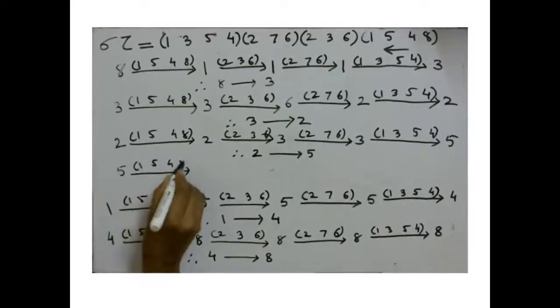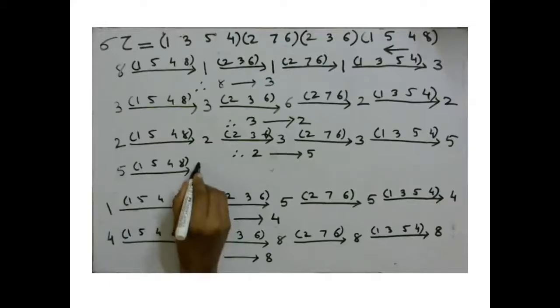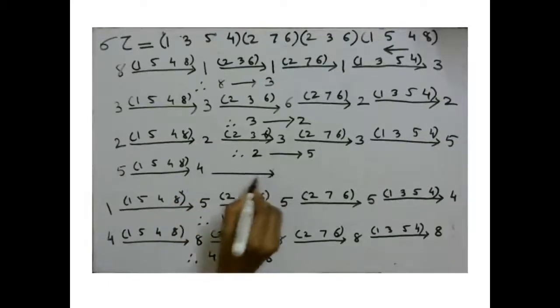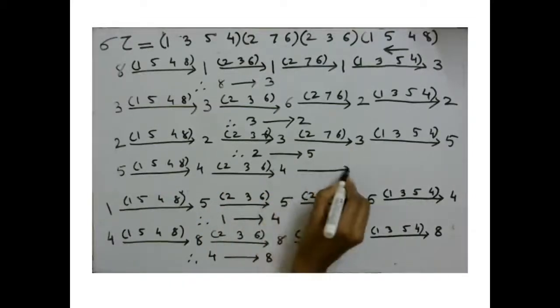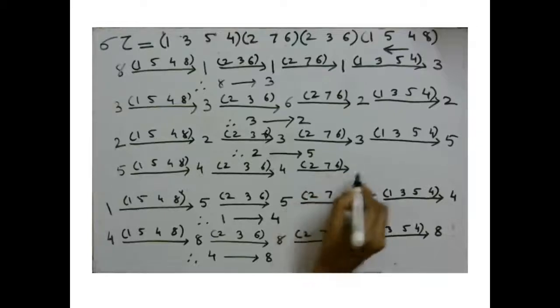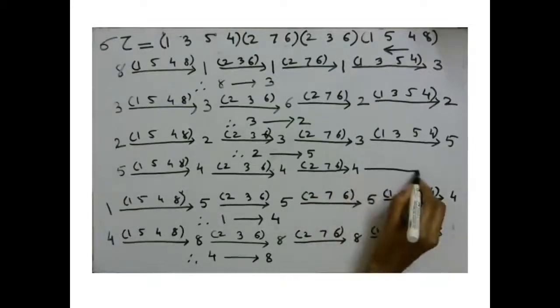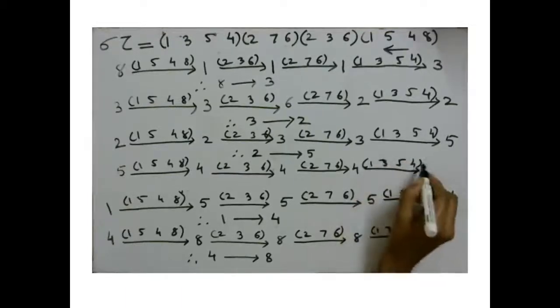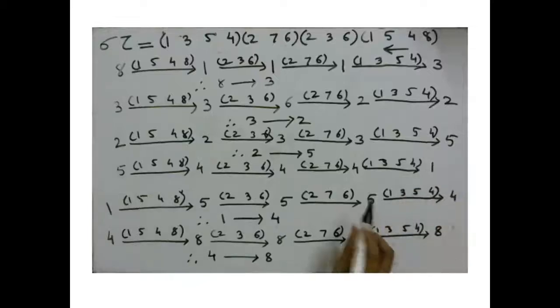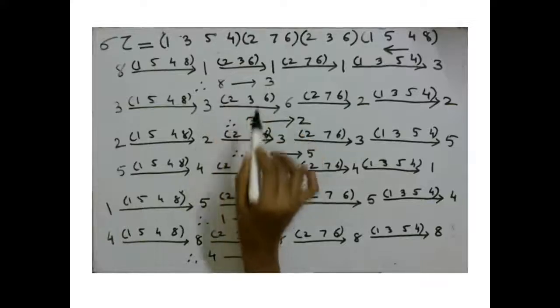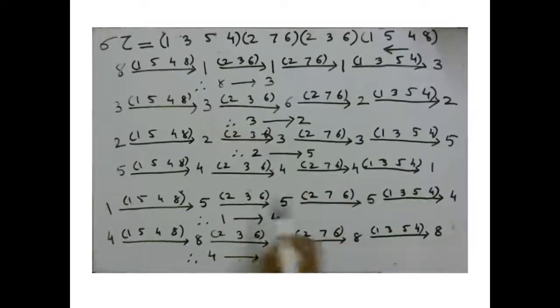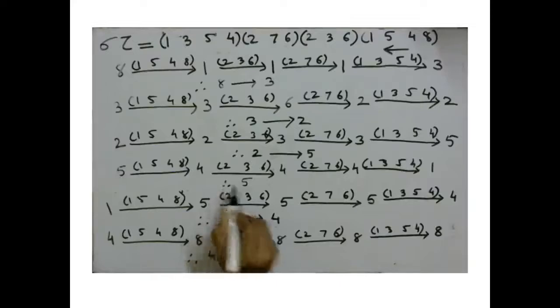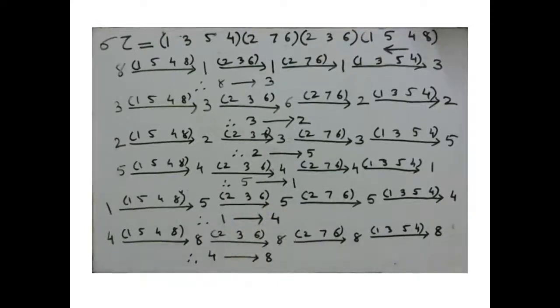In the rightmost cycle, you observe that 5 maps to 4, 5 goes to 4. Here 4 is not present, 4 is fixed. Here also 4 is not present, 4 maps to 4. And in the last cycle 1, 3, 5, 4, 4 maps to 1. So you again came back to 1. 1 goes to 4, 4 goes to 8, 8 goes to 3, 3 goes to 2, 2 goes to 5, and 5 is going to 1.